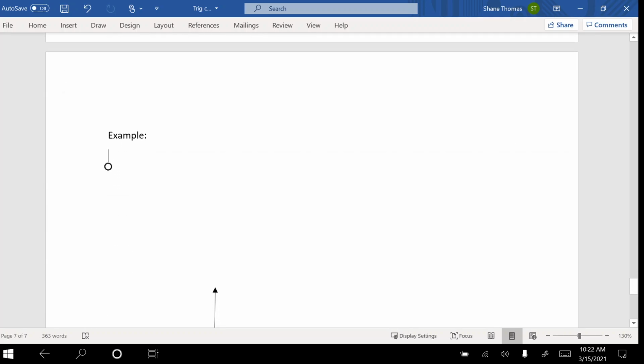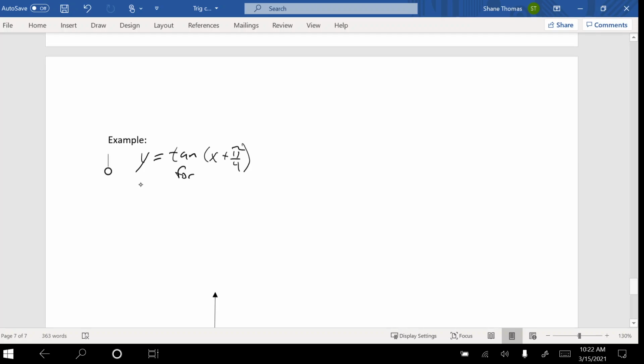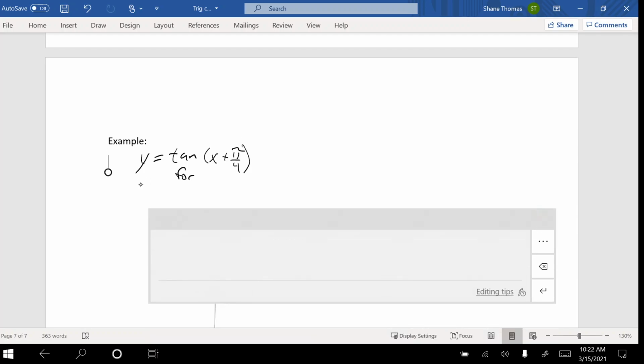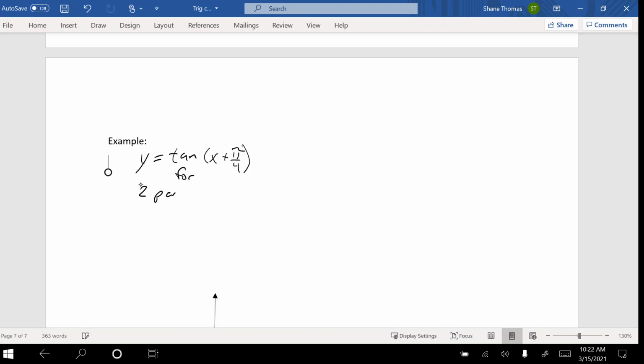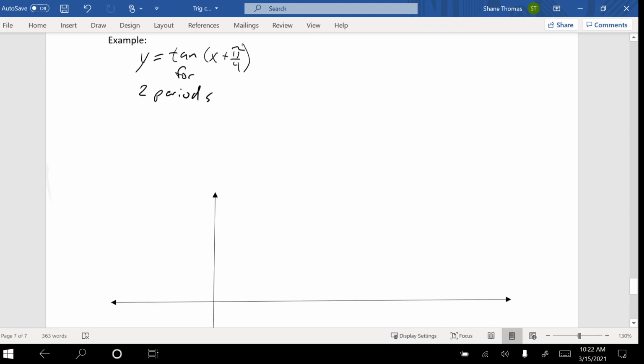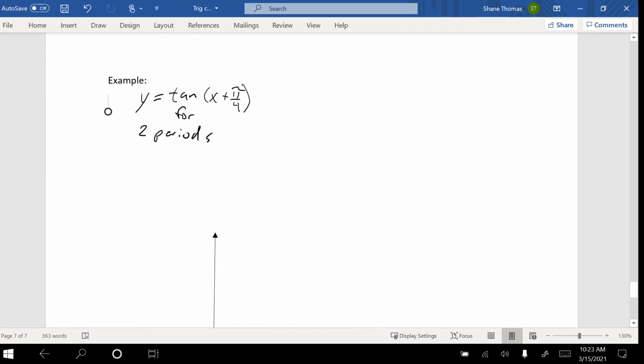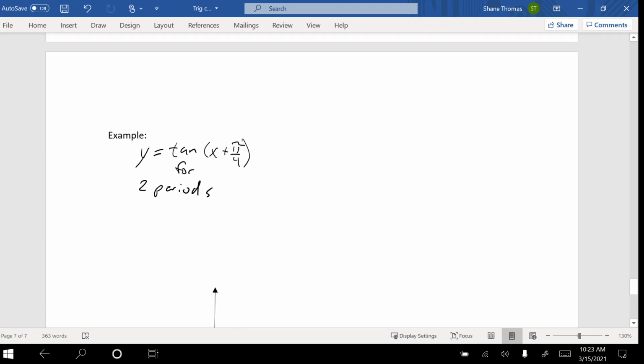I'm gonna have y equals tangent of x plus pi over 4, and we want to do it for 2 periods. All right, so step 1, we got to find our asymptotes, right?